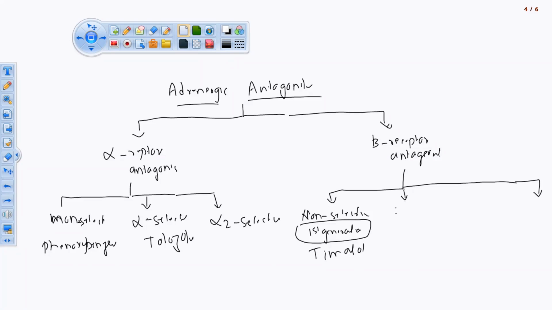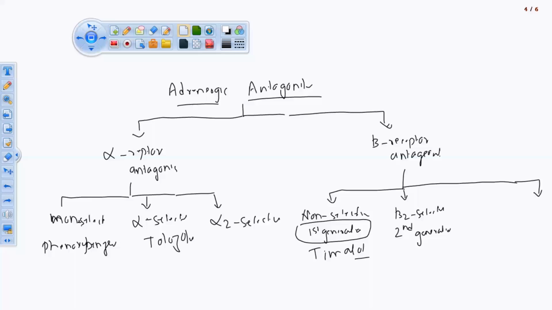Then beta 1 selective. Here we are having second generation. Time to time different drugs got synthesized. First generation drugs are timolol, sotalol, propranolol, all the lol kind of drugs.